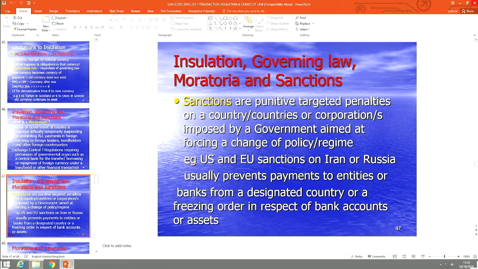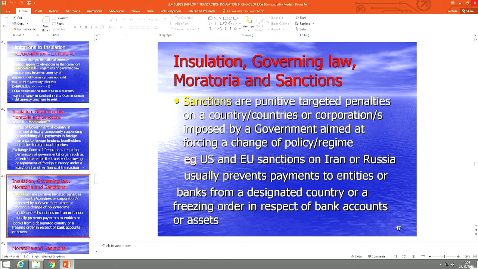The Iranian sanctions are far more extensive than the Russian sanctions. And basically it imposes penalties for anyone lending, engaging in financial transactions with the designated country in question, i.e., you may not lend, you may not borrow, you may not repay, you may not do anything with the designated country. That's a sanction.